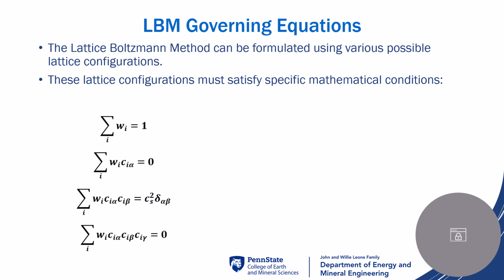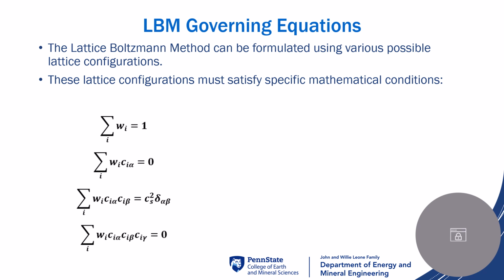These include conditions on the weights, wi, which ensure mass conservation, symmetry conditions on the velocity vectors, ci alpha, which eliminate spurious momentum, and higher order moment constraints that help recover the correct pressure and stress behavior.